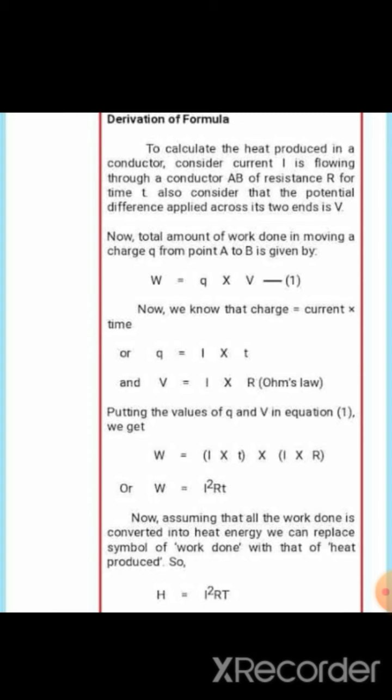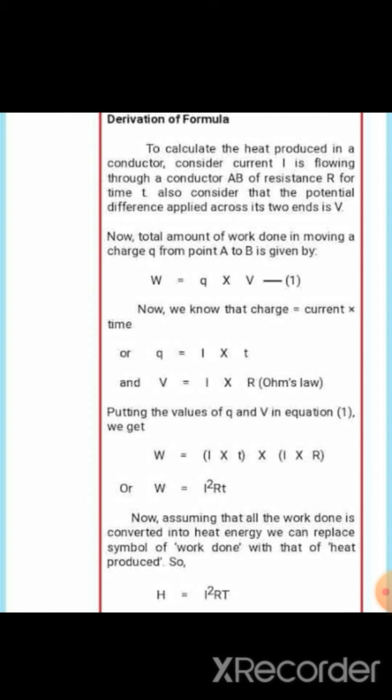Thus, heat energy produced in a resistor will be equal to I square RT. So we can write H equal to I square RT. This relation H equal to I square RT is known as Joule's law of heating.